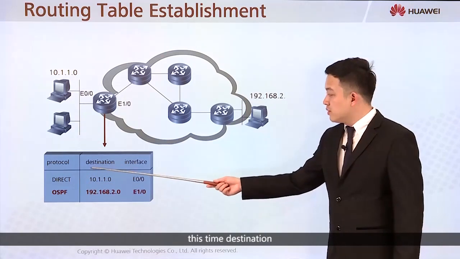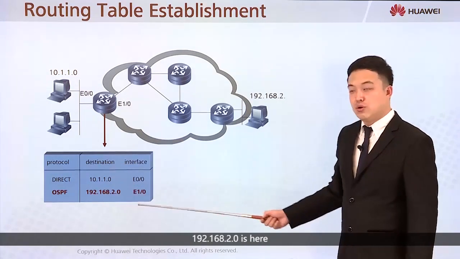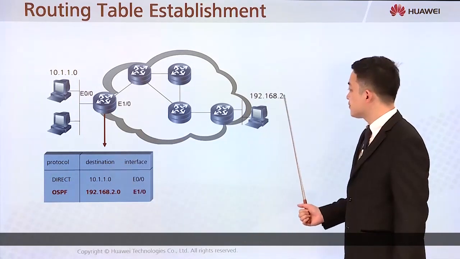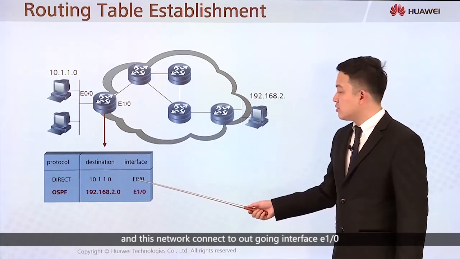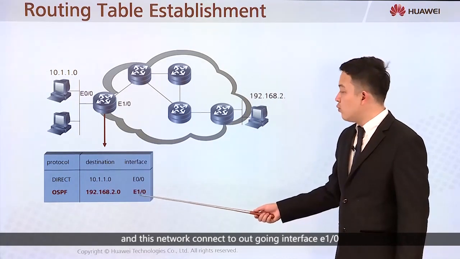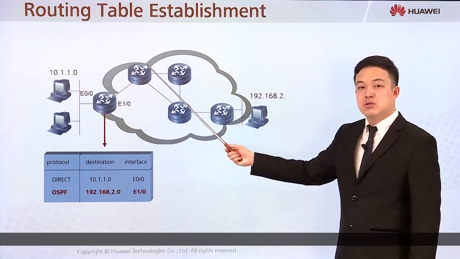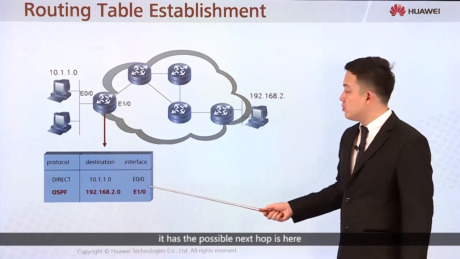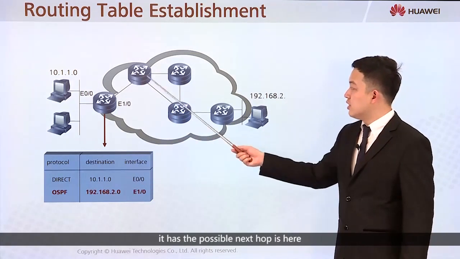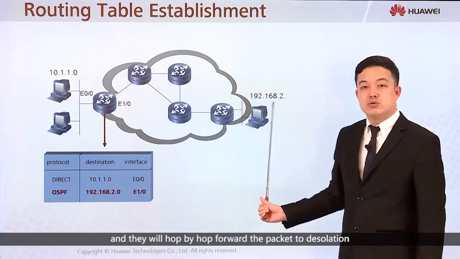This time, the destination 192.168.2.0 is here, and this network connects through the outgoing interface E1/0. Because only one path is learned by this protocol, it has the possible next hop here, and they will forward the packet hop by hop to the destination.